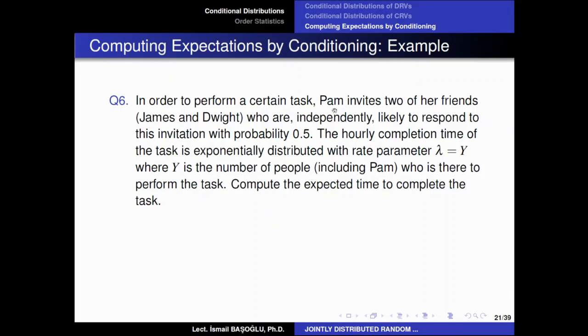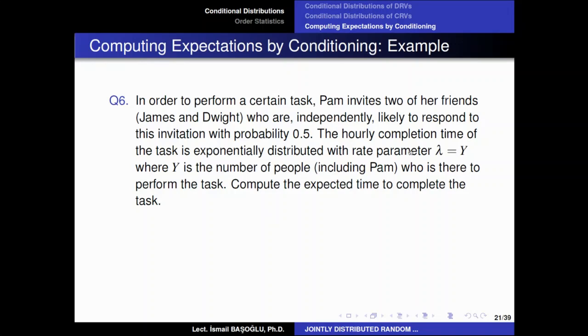If Pam invites these two people and only one of them arrives, the hourly completion time is going to be exponentially distributed with rate parameter lambda equal to 2. And if both of the guests arrive, the hourly completion time of this task will be exponentially distributed with rate parameter lambda equal to 3.